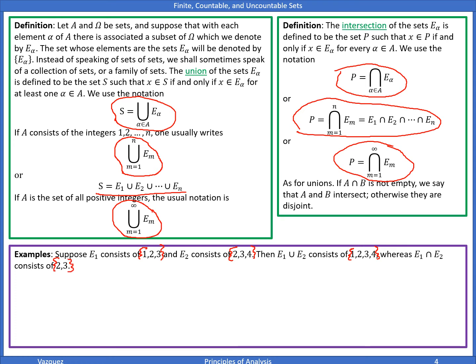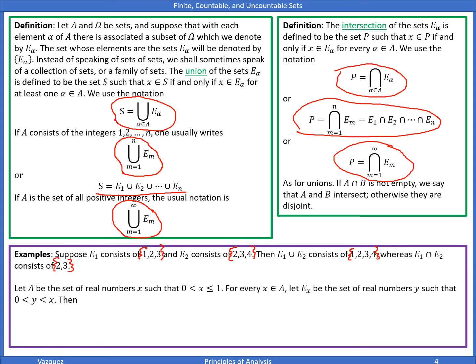A more interesting example: we're going to let A be the set of real numbers x such that 0 is less than x and x is less than or equal to 1. For every x in A, let E sub x be the set of real numbers y such that 0 is less than y, which is less than x.